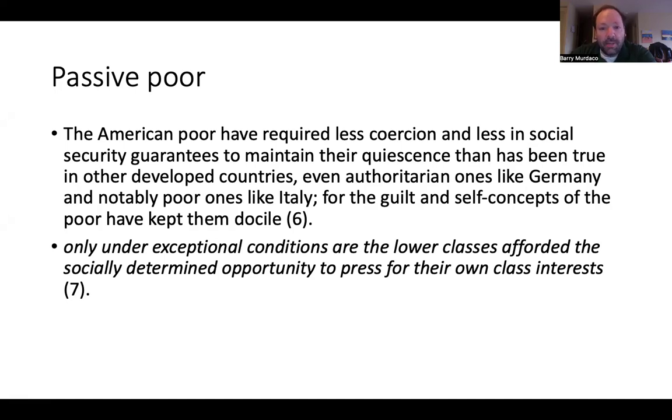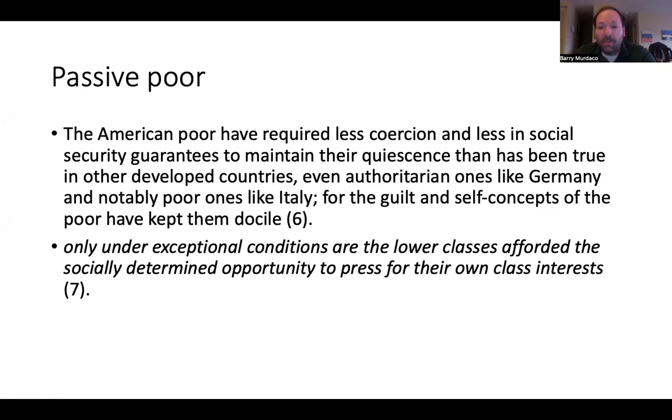They write here, again, on page 6, the American poor have required less coercion and less in social security guarantees to maintain their quiescence than has been true in other developed countries, even authoritarian ones like Germany, and notably poor ones like Italy, for the guilt and self-concepts of the poor have kept them docile.